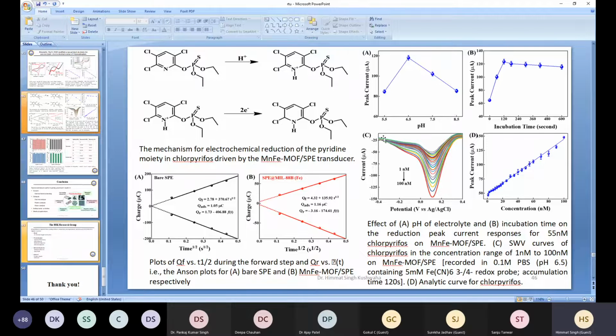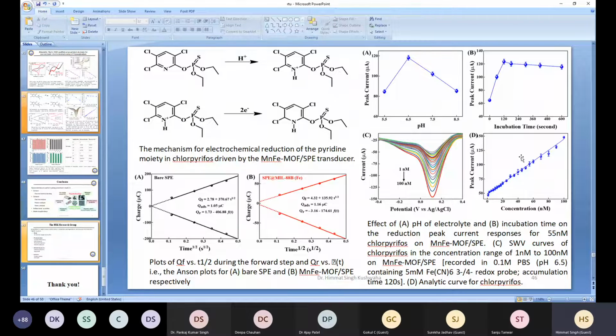And this figure C is the square wave voltammogram for the sensor at different concentrations of chlorpyrifos from 1 nanomolar to 100 nanomolar. As the concentration increases, the current response also increases, showing linear behavior with respect to concentration.